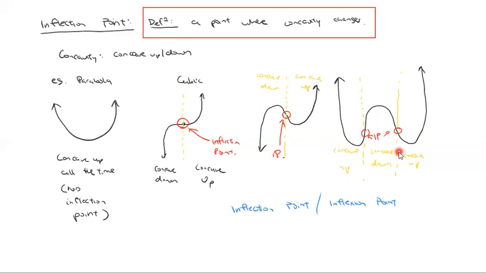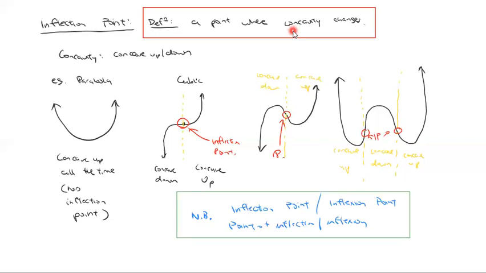You might also see it being called point of inflection. This confuses some students, but really, they're all the same thing. Slightly different terminology for exactly the same thing, which is a point where concavity changes. Make sense? Yeah.